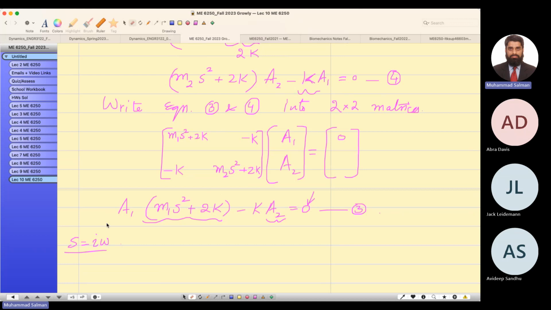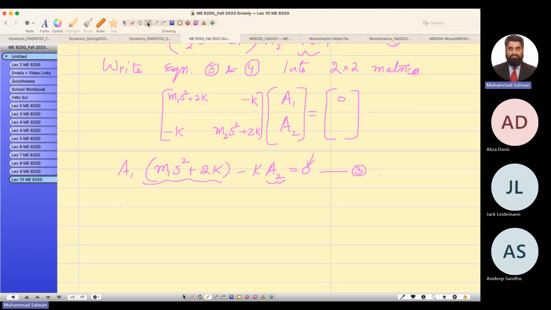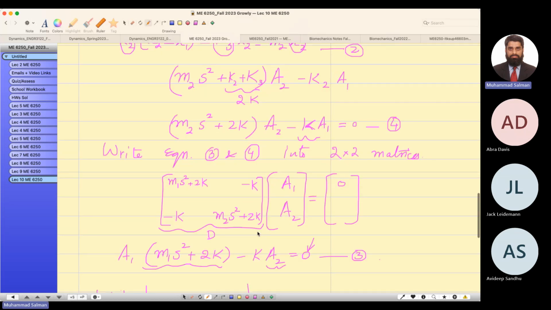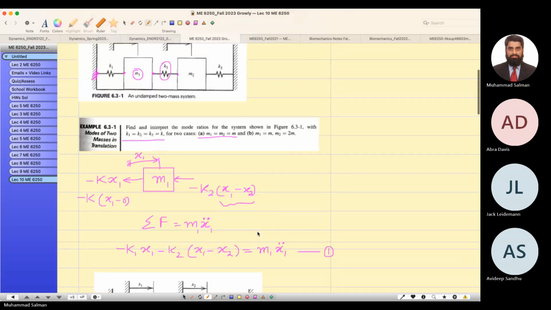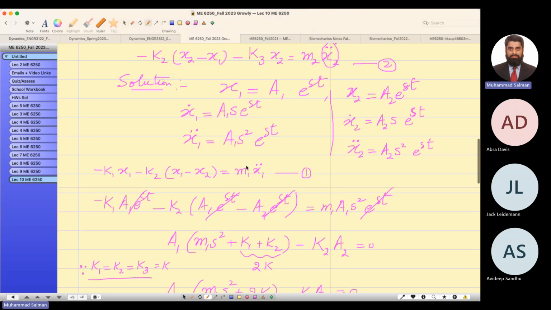But let us see what the roots are. I'm not jumping ahead. What are the roots of this? How would you find out the determinant of the matrix? Suppose this matrix, if you find the determinant D, what is our case 1? Case 1 says both masses are equal.